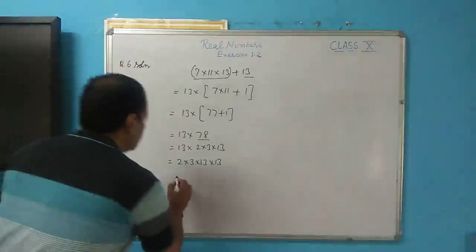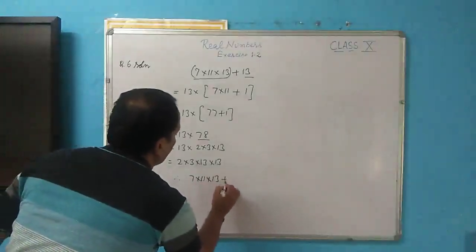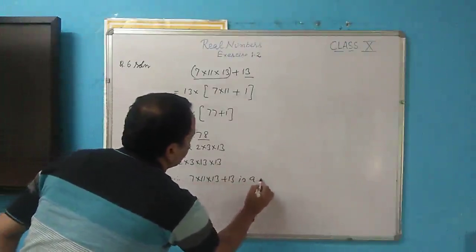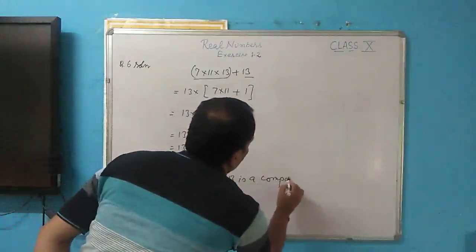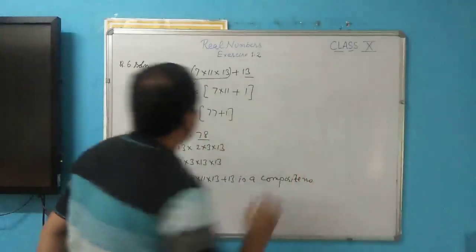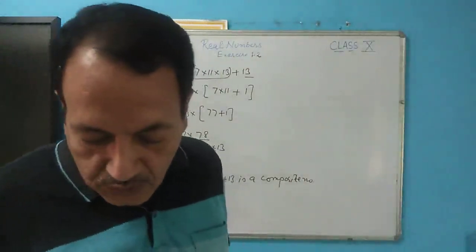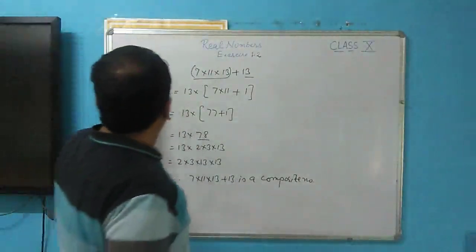So this number is a composite number, therefore 7 into 11 into 13 plus 13 is a composite number. So now next question is 7th question.